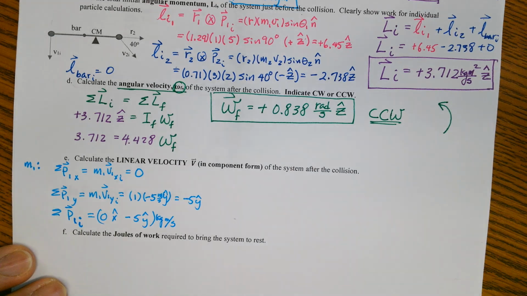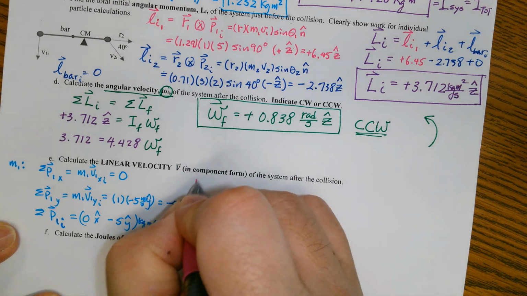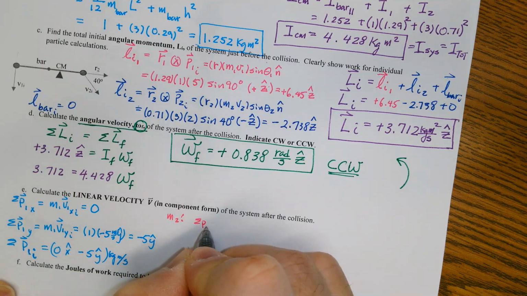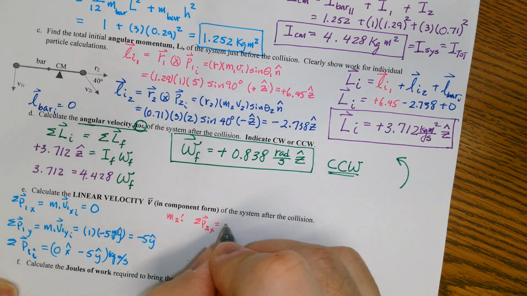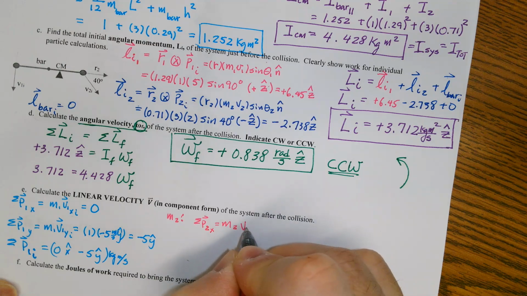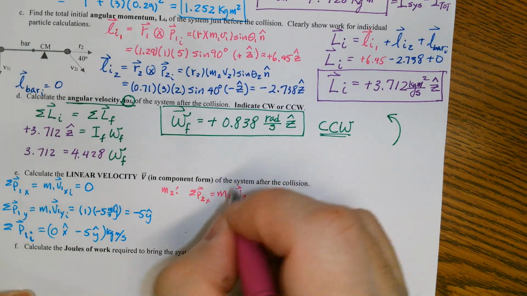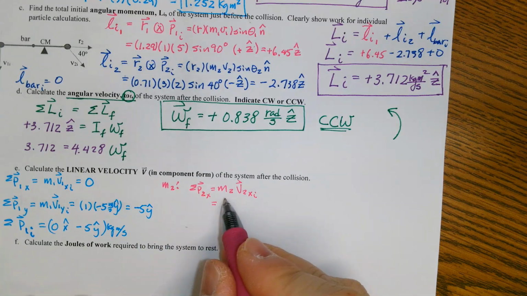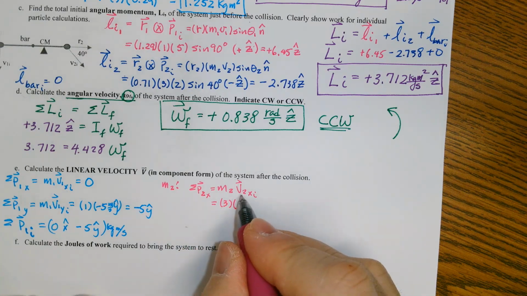Now let's take a look at mass 2. The sum of all momentum for mass 2 in the x direction is equal to m2 v2x initial. M2 is 3 kilograms, times v2x.